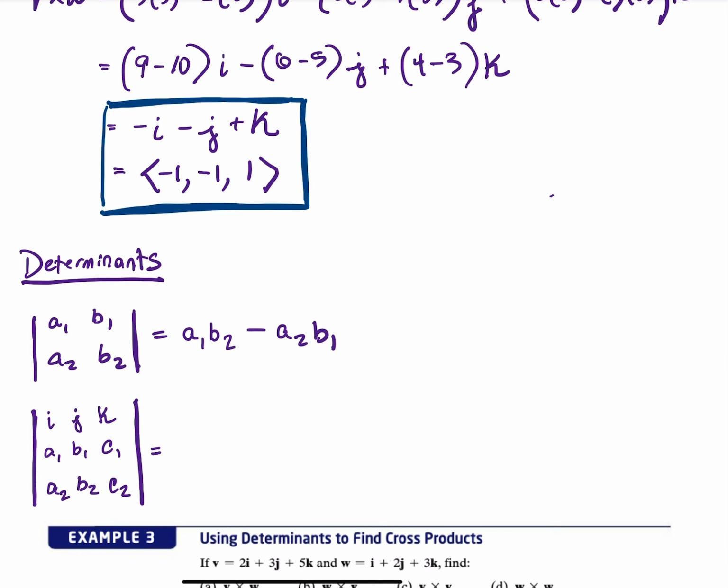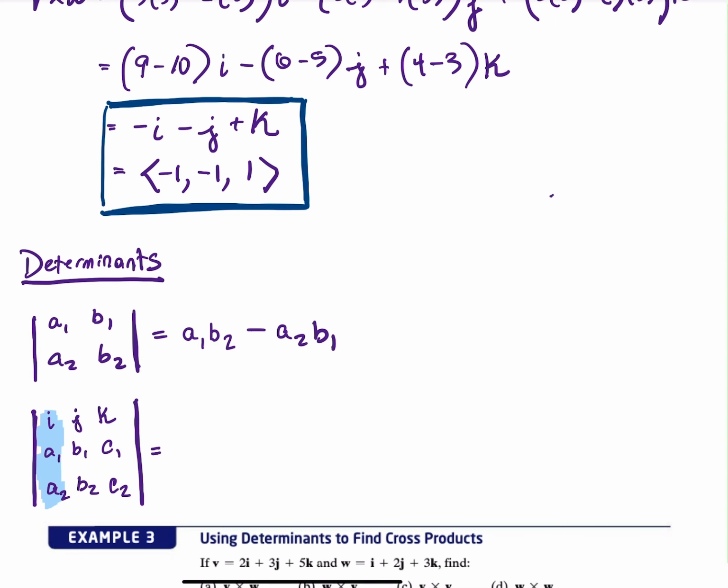So we'll start first with looking at the column that contains the i, so this first column. If I were to cover up this column and look at what's left in terms of the bottom 2 rows, it produces this little box. It produces a 2 by 2 matrix on its own. We can view it that way. So the first step is to take the determinant of that remaining matrix.